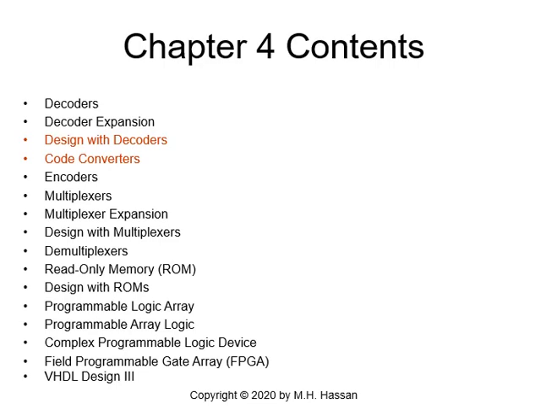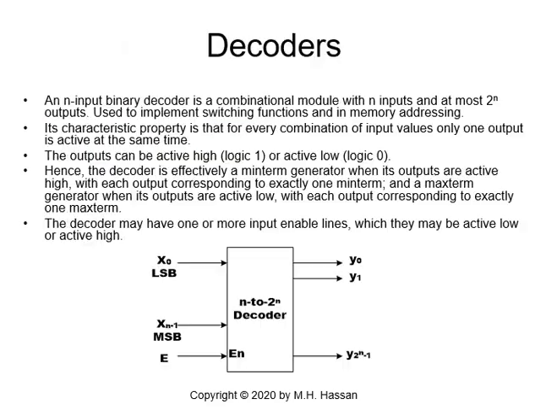Today we are going to talk about design with decoders and code converters, which is part of the contents of Chapter 4. As we explained in Lecture 13, an n-input binary decoder is a combinational module with n inputs and 2 to the n outputs, used to implement switching functions and in memory addressing.